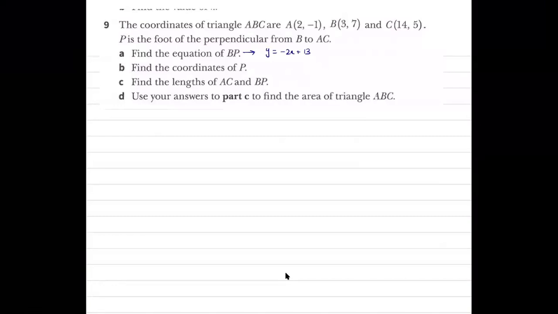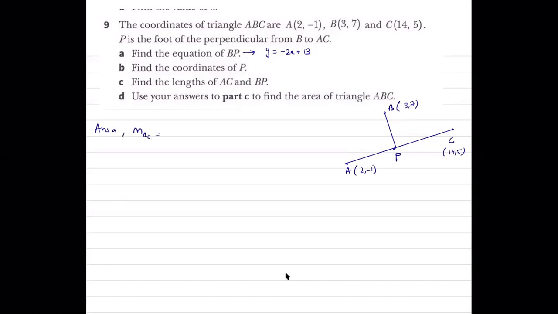The coordinates of a triangle ABC are given to us. P is the foot of the perpendicular from B to AC. So that's point B. The question says find the equation of BP, which is a perpendicular line. It's not a perpendicular bisector, but it's a perpendicular line. So B has a coordinate of 3, 7, A is 2, minus 1, and C is 14, 5. So first of all, I'm going to find the gradient of AC.